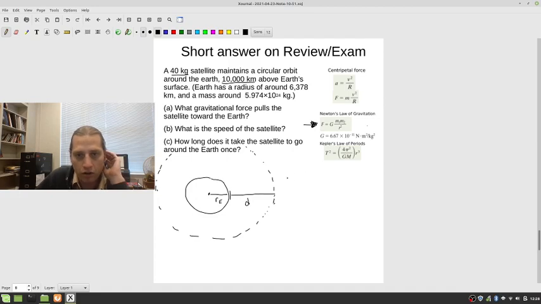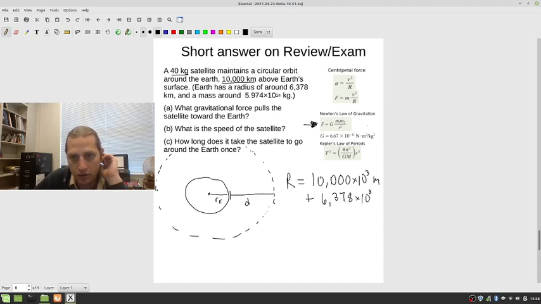So the R that I would use is going to be 10,000 kilometers. If I want to put that in meters, it would be 10,000 times 10 to the third meters. That's this distance, plus I have to go to the center of mass of the Earth, so that would be plus an extra 6,378 times 10 to the third meters.